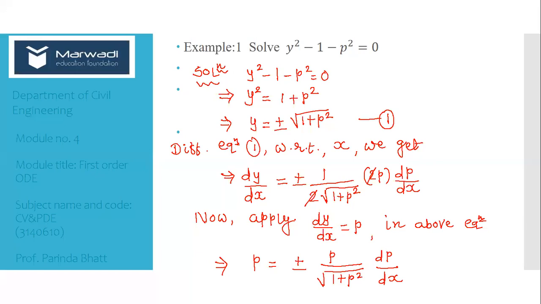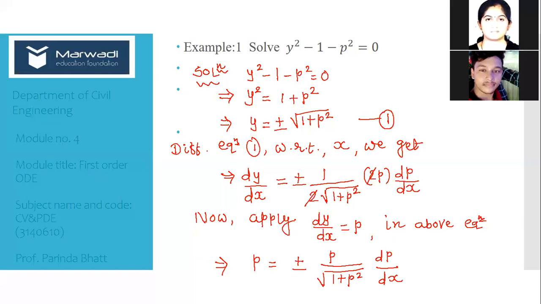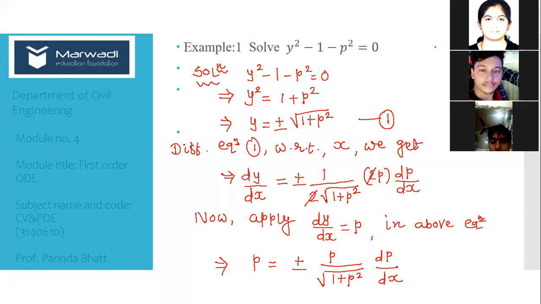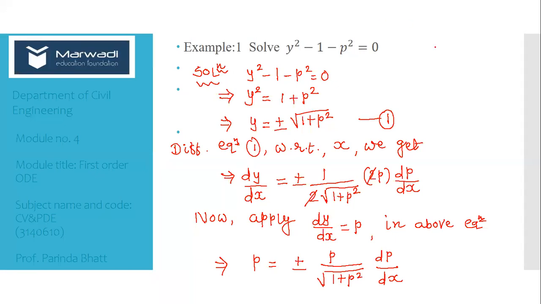And then we apply dy by dx equal to p in the above equation. Now p equal to plus or minus p upon root 1 plus p square dp by dx, right?